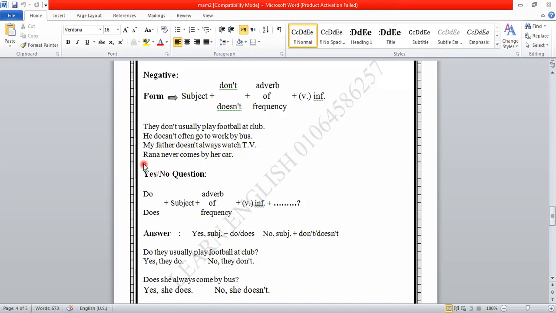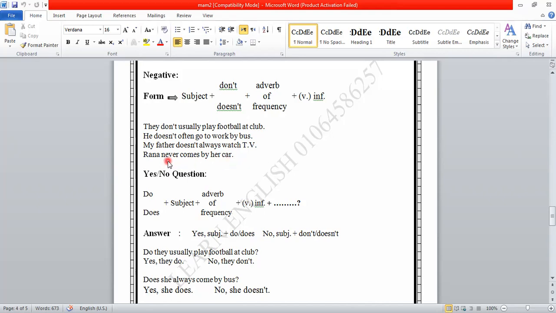The last one, Rana never comes by her car. Here we didn't put don't or doesn't. So what happened? Okay, never here, as we said when we explained the meaning of the adverbs of frequency, never means you don't do this action at all.